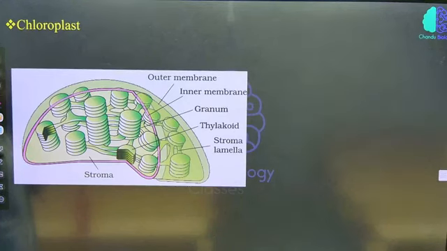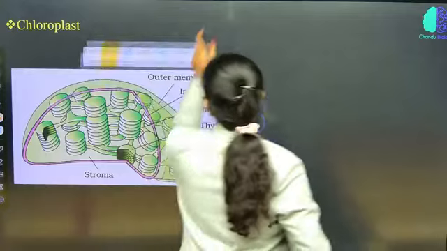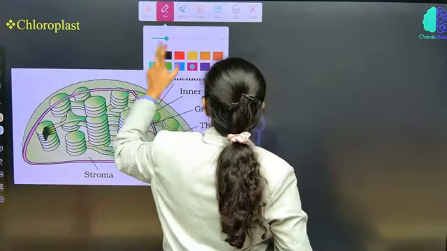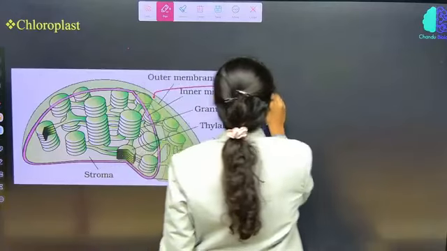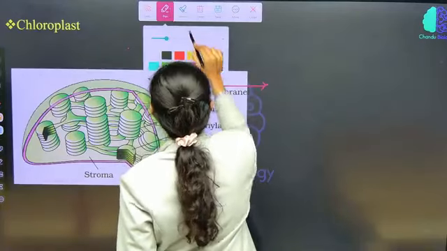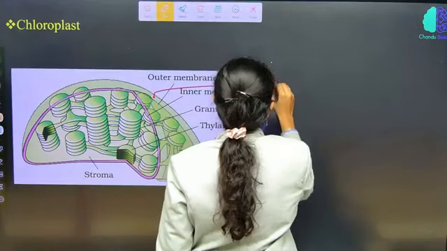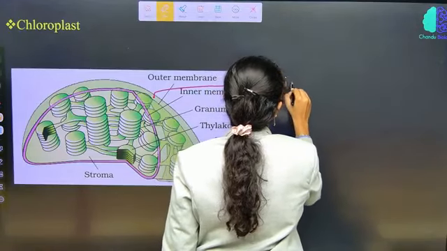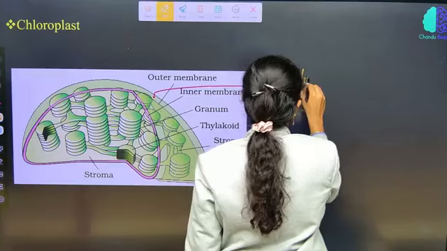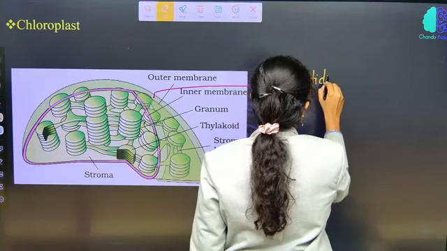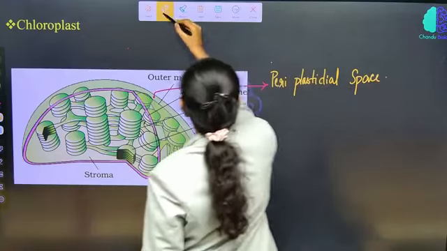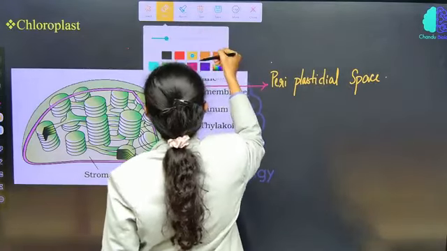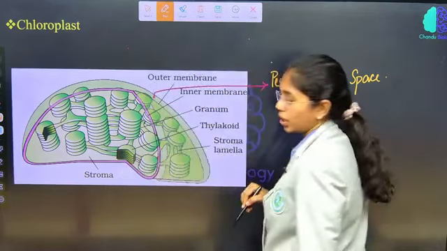Now look into the ultrastructure of the chloroplast. Chloroplast is double membrane bound, which has a periplastidial space in between the outer membrane and inner membrane. Fine, right? In between the outer chloroplast membrane and inner membrane, it has a periplastidal space.